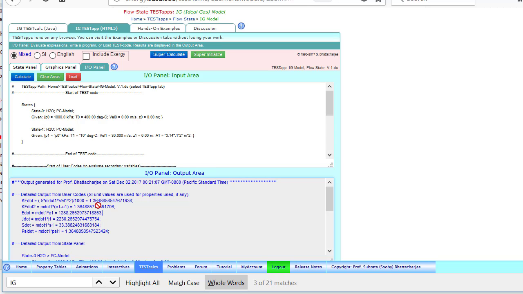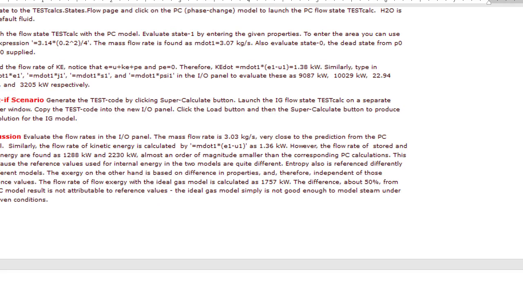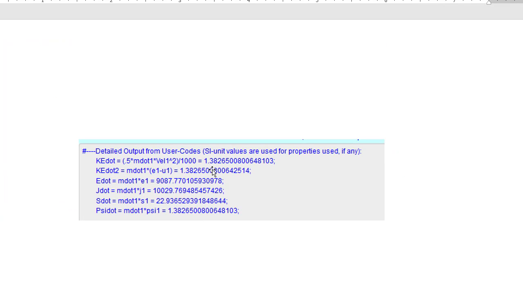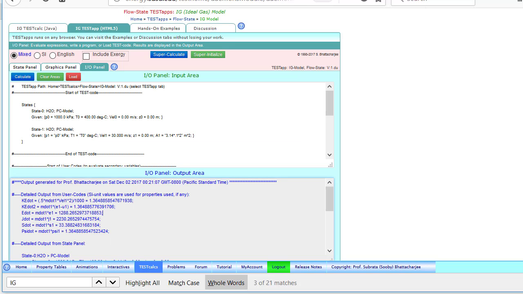So we got about 1.36 for KE dot, and I screenshotted the answers from before. We got 1.38 before, and so those answers are again fairly close. However, the flow rate of stored and flow energy are found to be much smaller than they are for the PC model.